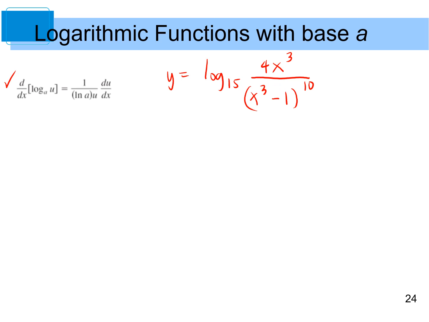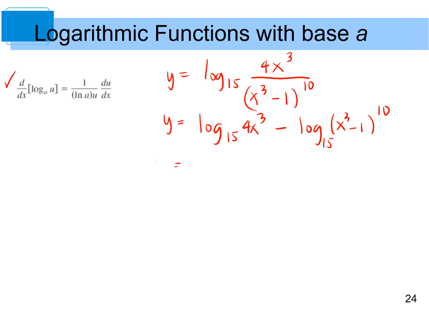So if we have a quotient, we can expand this by separating the numerator and denominator by subtraction. So this becomes log of 4x cubed base 15 minus log of x cubed minus 1 raised to 10, then base 15.